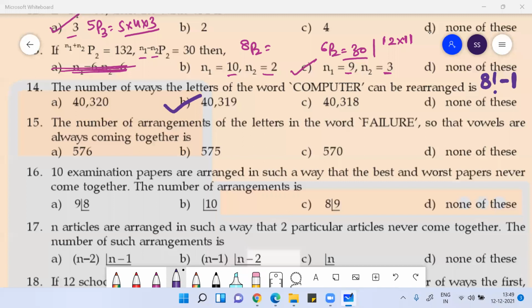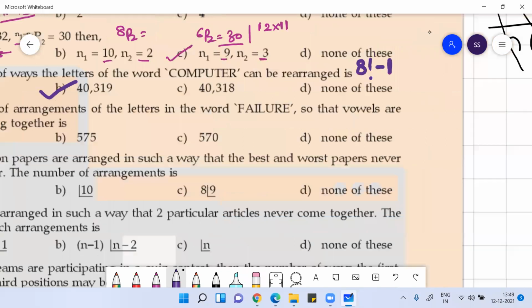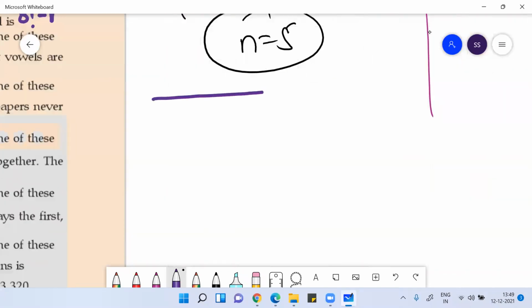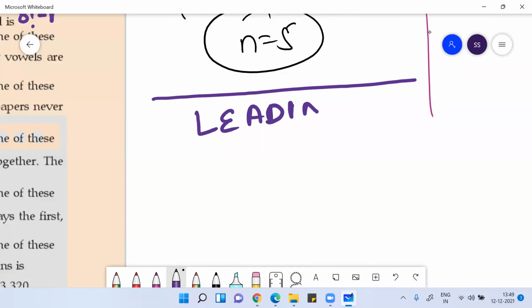No, sir. Similarly, imagine there's a word called leading.